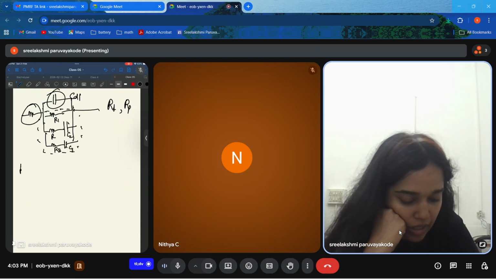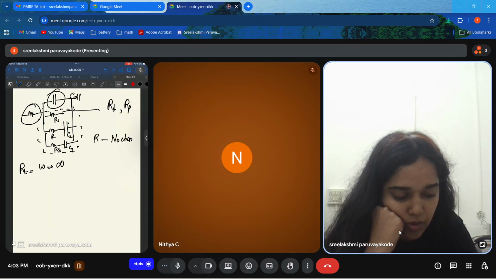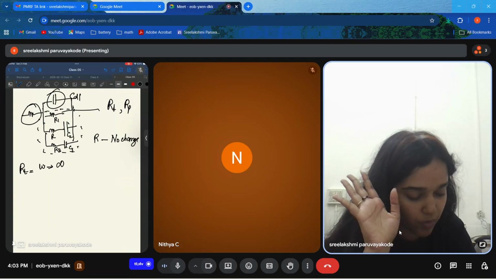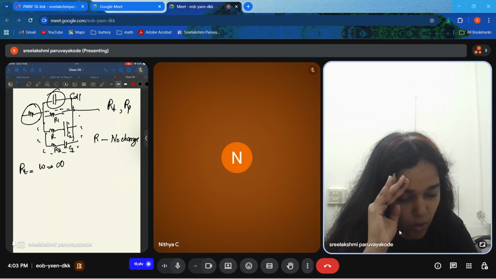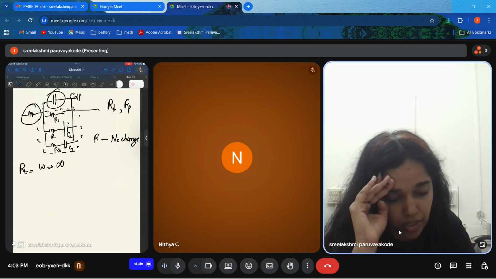Now, RT is when omega tends to infinity. What happens when omega tends to infinity? Resistor, no change, right? R is not dependent upon the frequency. But what about the resistance of a capacitor? Resistance of a capacitor, let me write as ZC so that you guys don't get confused.